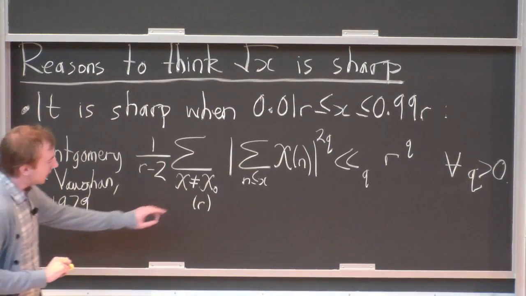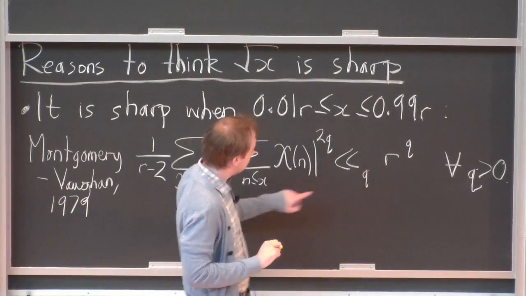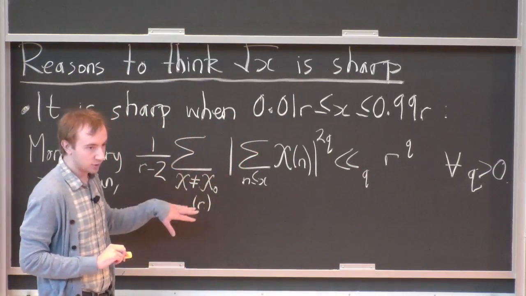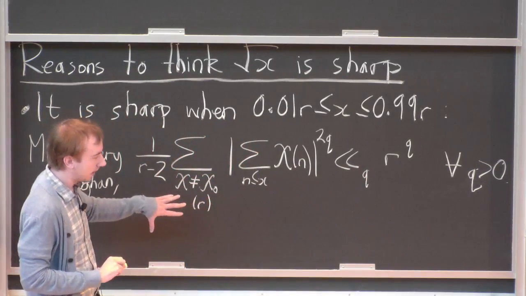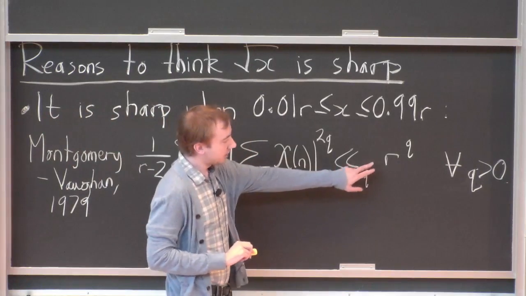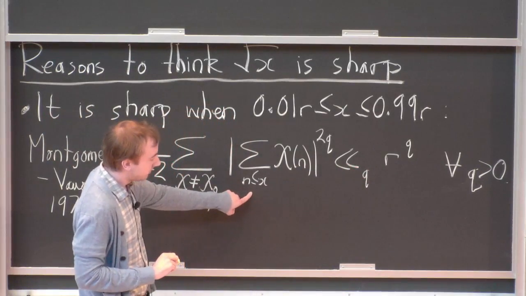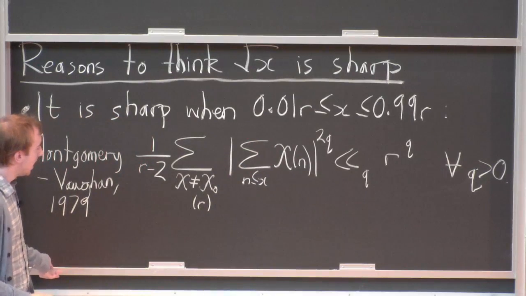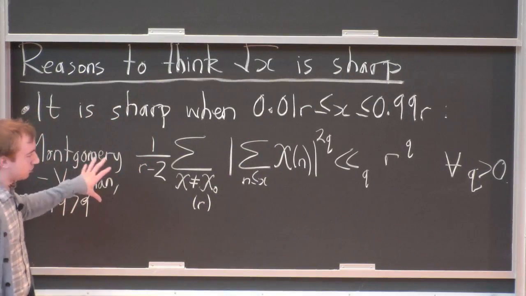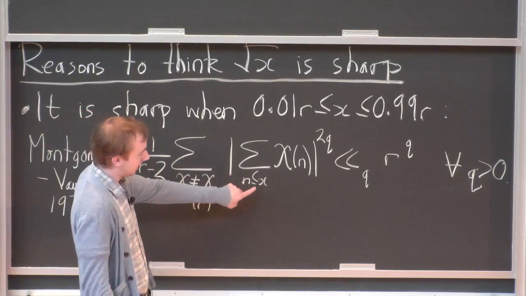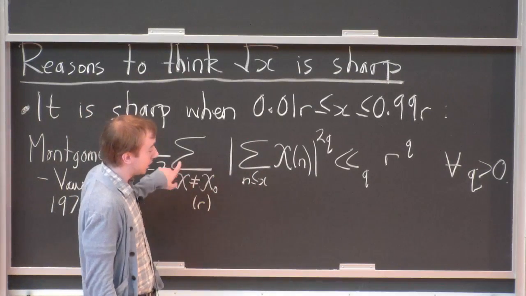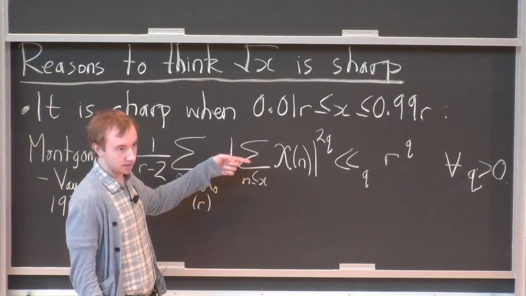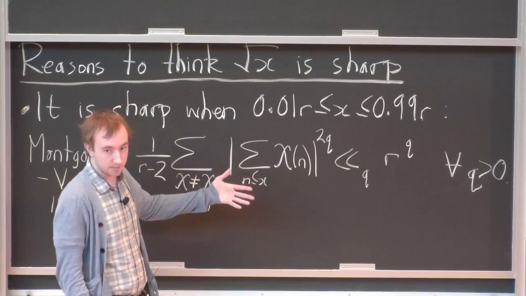So what you should observe here is that the bound doesn't get better as x gets smaller, which is what you should expect is probably the real behavior. So it's a bound just in terms of r, not in terms of x. But on the other hand, they have this for all q. And for people who know about these things, they actually prove a stronger result than this because they don't just have a fixed sum here. For each character, they can take the maximum character sum and still get r to the q as a bound.